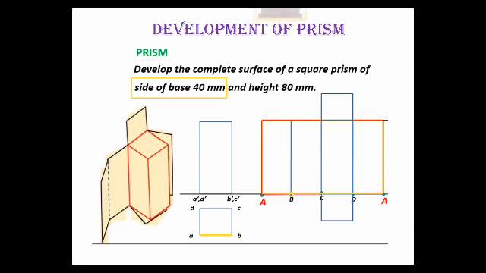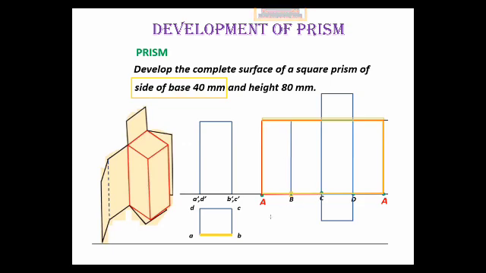It is a square prism, that means the total length in the development is 40 into 4, which is 160 mm. If it is a pentagonal prism, then we get 40 into 5, which is 200 mm.